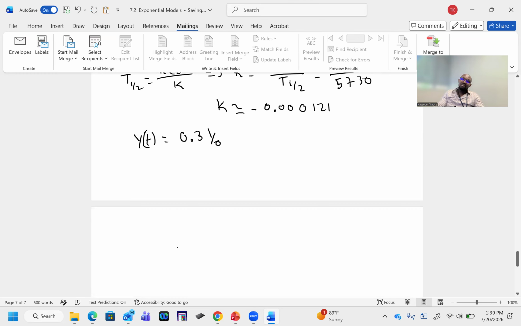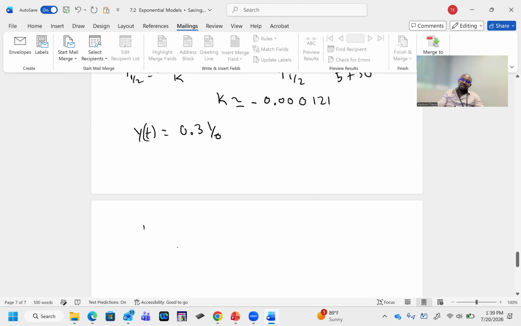So, which means 0.3 y0 would be equal to y0 e to the power of, we have found k, negative 0.000121 t. And then we solve this one for t. We divide both sides by y0, so 0.3 will be equal to e to the power of negative 0.000121 t.